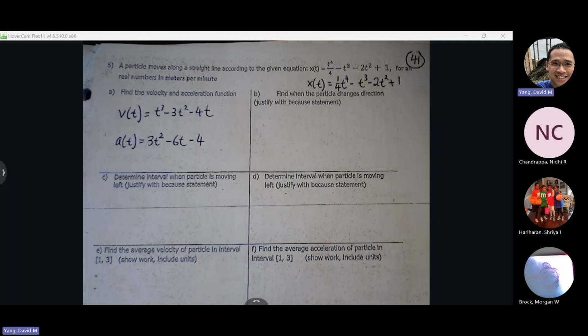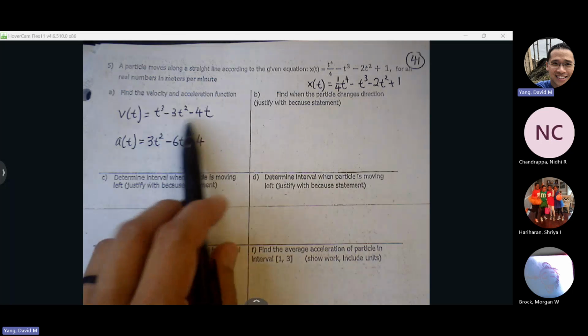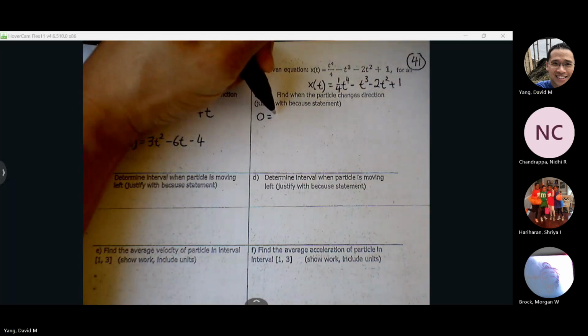Okay, find when the particle changes direction. So let's create our velocity number line. Let's set velocity equal to 0.